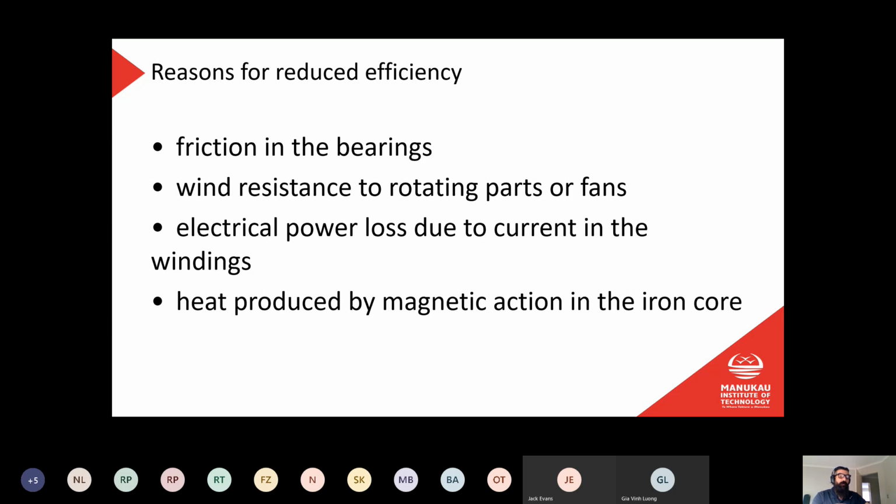So the current in the windings is going to turn a little bit of my electrical energy into heat. When I change the electrical energy into magnetism, I'm going to lose a little bit there, because every time I change the energy type, I lose a little bit. So no, I'm not changing 100% of my electrical power into mechanical output force. Some of my electrical power is going to go to friction, heat, magnetism, and so on and so forth.